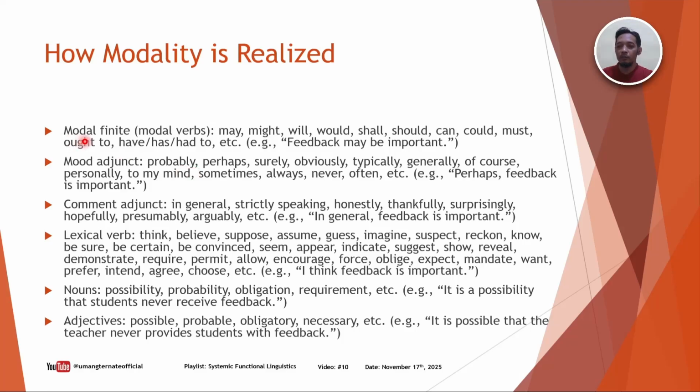The first one is the modal finite or the modal verbs like may, might, will, would, shall, should, can, could, and so on and so forth. For example, feedback may be important. We use the modal finite may.